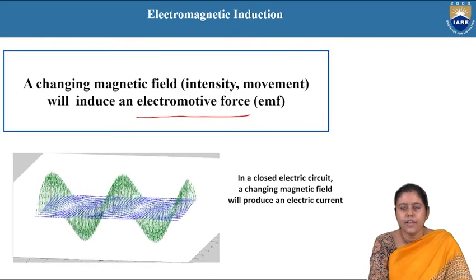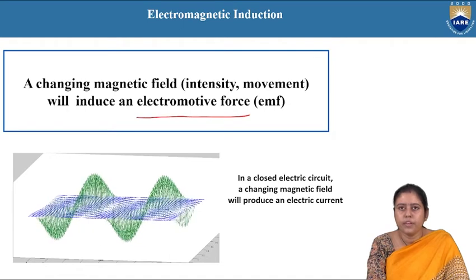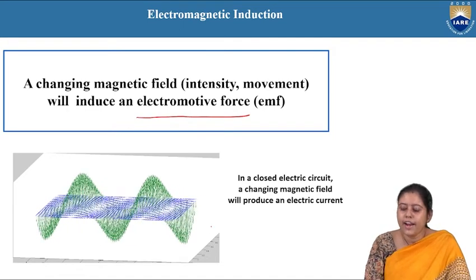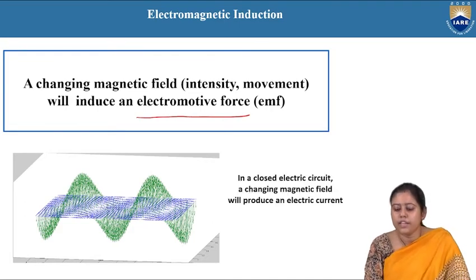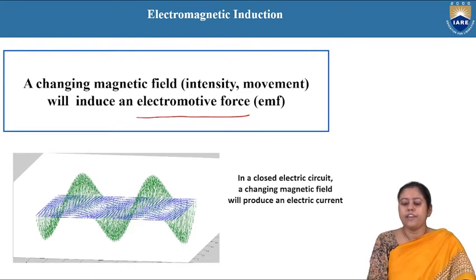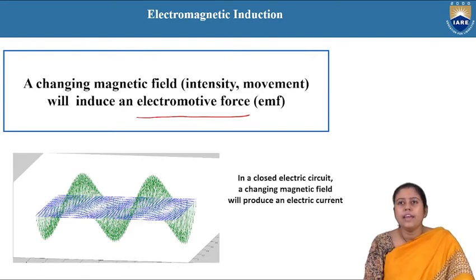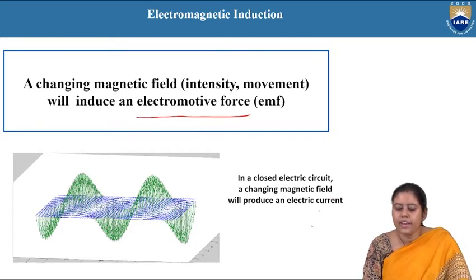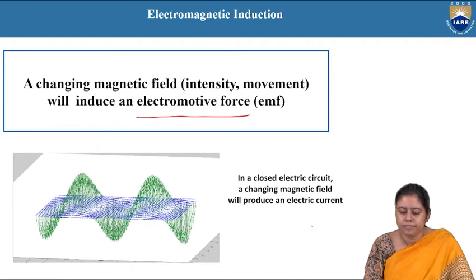So you can see this is the changing electromagnetic field, and as a result, in a closed circuit, a changing magnetic field will produce an electric current.